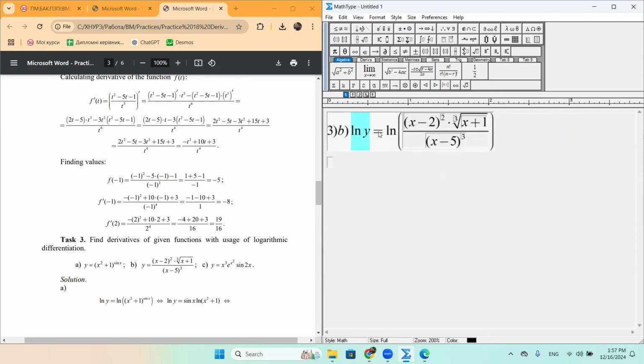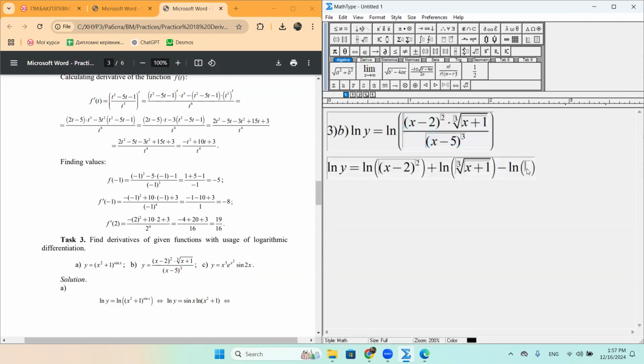Now just remember some properties of logarithms. This expression will be transformed to a sum of logarithms. So how will it look? The logarithm of this expression plus the logarithm of this expression plus the logarithm of this expression. Oh, minus, by the way, minus.